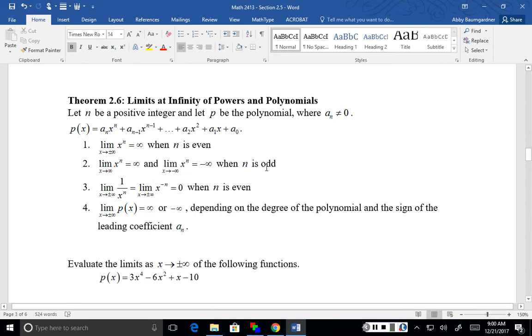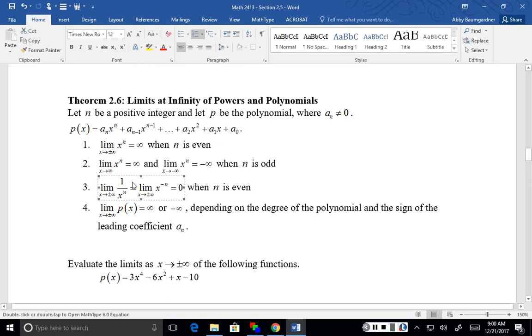If you have an odd power, then the limit at infinity of x to the odd power returns infinity, but the limit as x approaches negative infinity of an odd power will return a negative answer.